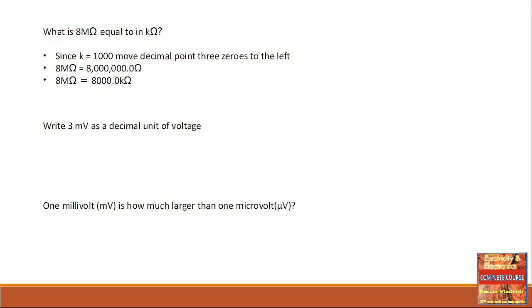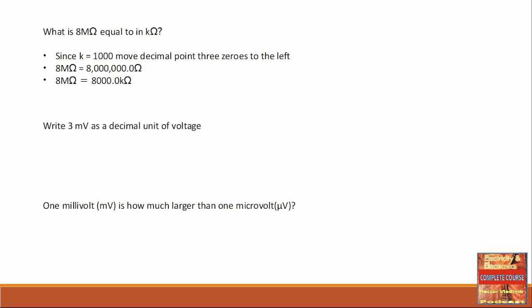That is 8 followed by 6 zeros. The decimal point is after the 6 zeros, so you move it back to the left 3 places. That will leave you with 8,000 kilohms. So there are 8,000 kilohms in 8 million ohms or 8 megohms.